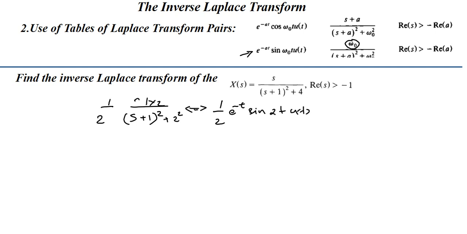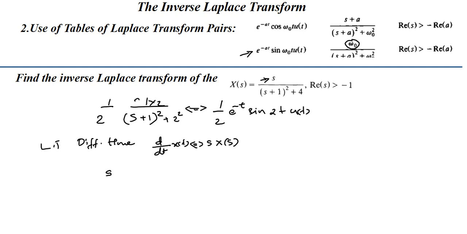Now the equation is multiplied with s. So by using the differentiation property in time for the Laplace transform, if there is a signal d by dt of x of t, its transform will be simply s into X of s. So this equation is given as s into something.